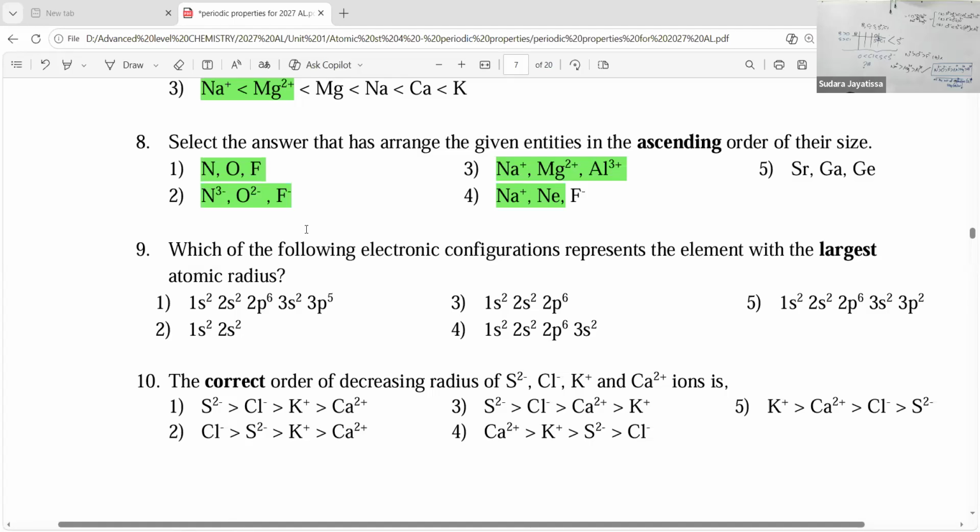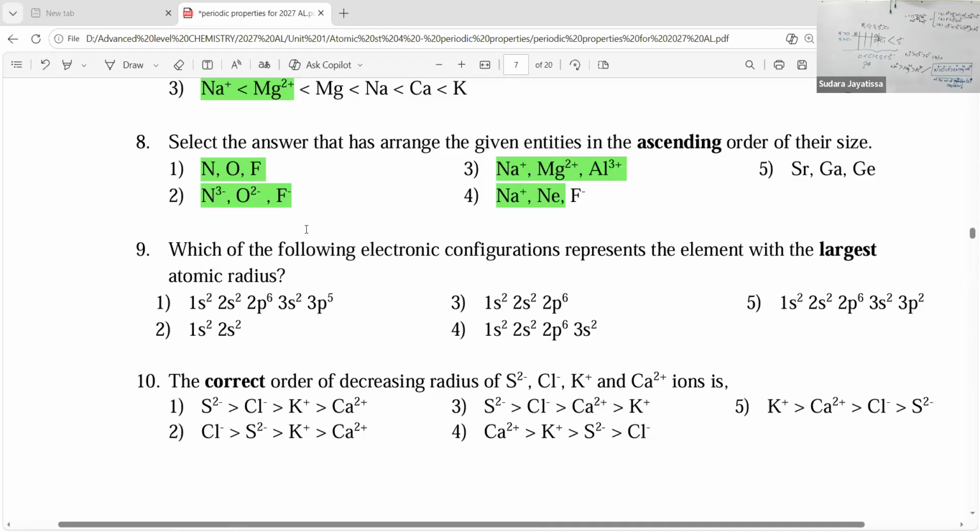That way also you can find the answer. First element is fluorine. Second element beryllium. Third element neon. Fourth element magnesium. Fifth element silicon.